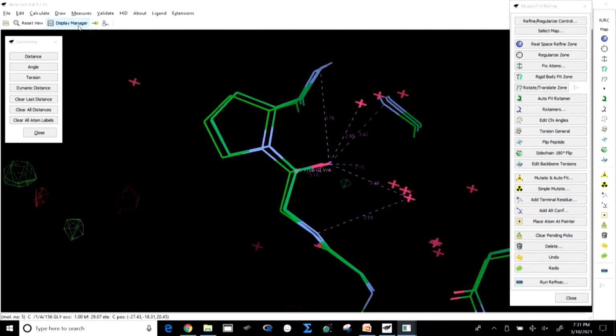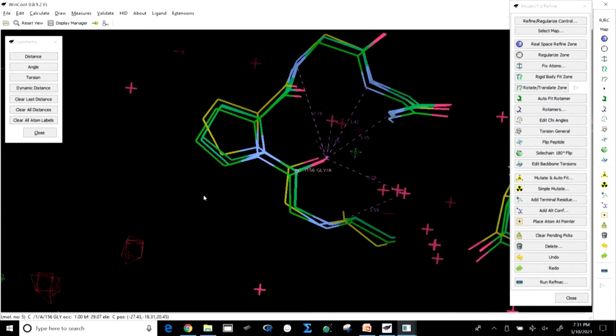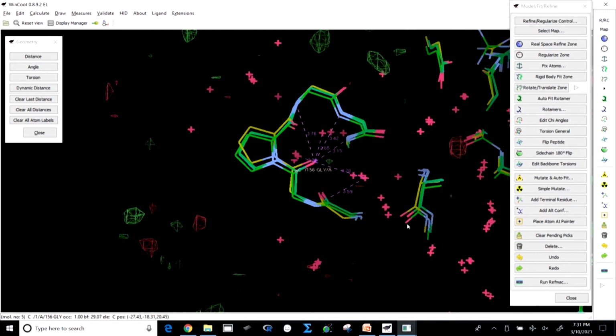When you get 2-GDN, you see that the complex one is in one place and the apoenzyme's amino acid is in another place.